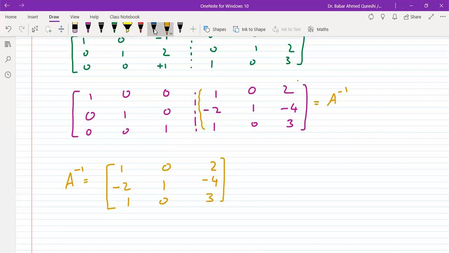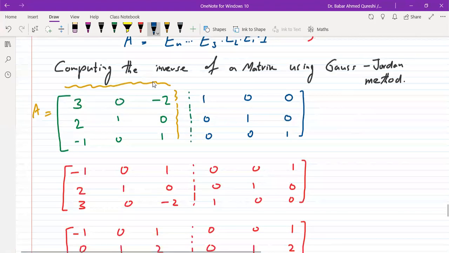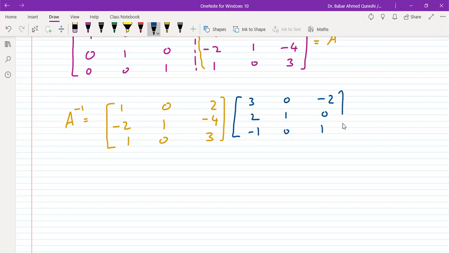And let us check if it's really inverse. 3, 0, minus 2, 2, 1, 0. And I had a minus 1, 0, and 1.